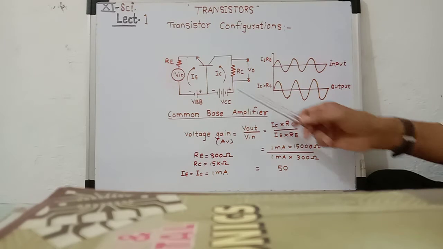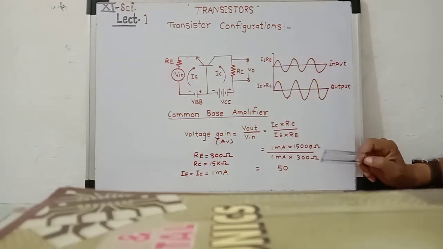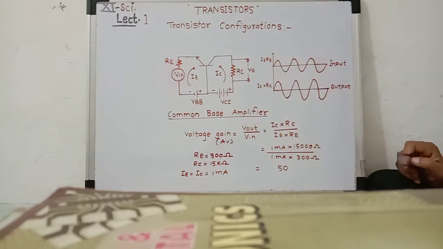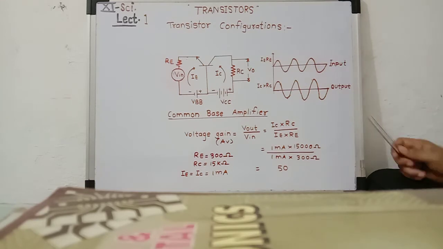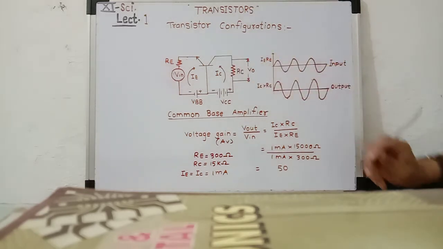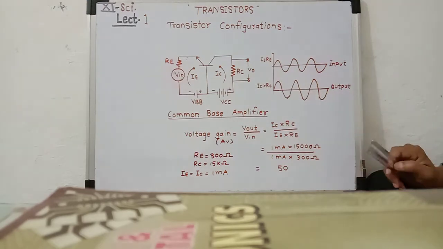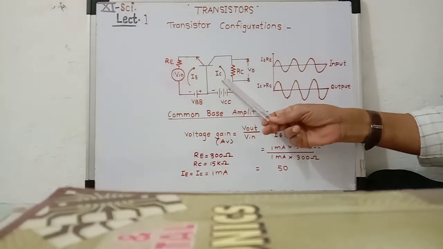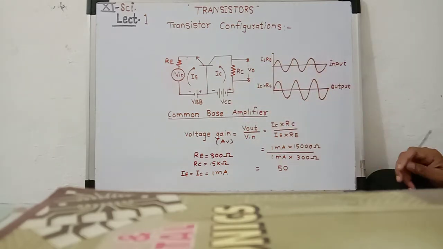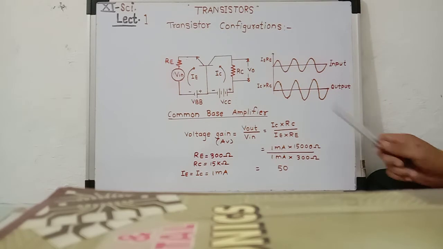The output current will be delta IC. When there is no AC signal, alpha DC is equal to IC upon IE. So this is the current gain of the amplifier.